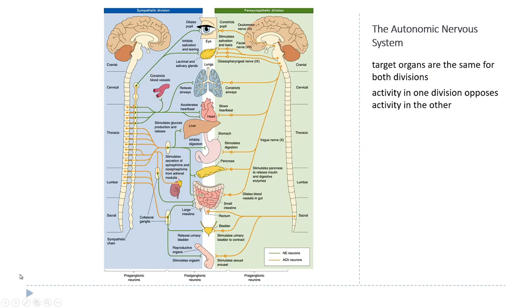So in fact, what happens is the lungs, the smooth muscle in the lungs, is inhibited by the sympathetic division and stimulated or activated by the parasympathetic division, because as those muscles are stimulated, they constrict and reduce airflow to the lungs, whereas in the heart, the effect of the parasympathetic division is to slow the heart rate, so it basically has an inhibitory effect on the muscle, whereas in the sympathetic division, it increases heart rate by causing them to become more active.